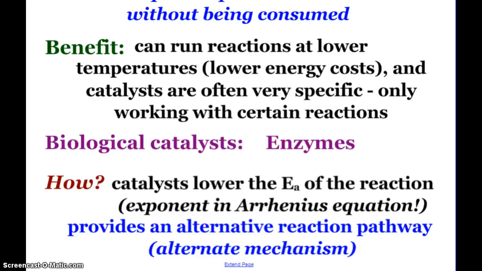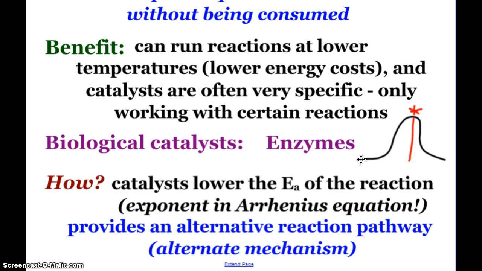And overall, though, how are these enzymes helping speed up the reaction? It's because what they're going to do is they lower the activation energy of the reaction. That's that nice energy hill when we're looking at our potential energy diagrams. So when you had a nice energy hill, the activation energy was how much energy it took to get to the top of that hill where the activated complex would exist.